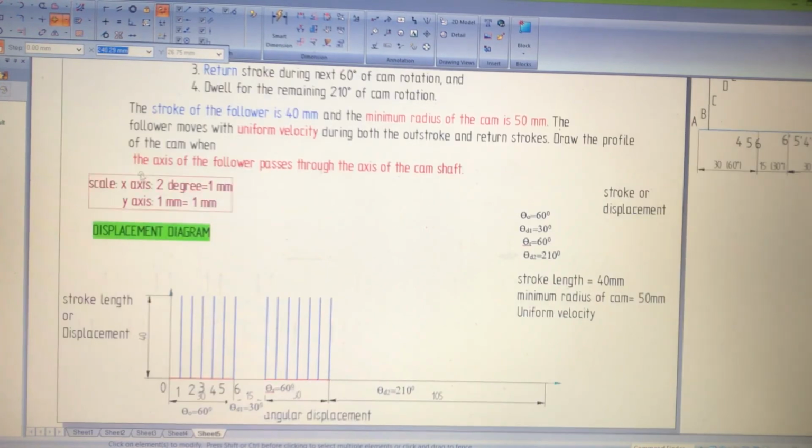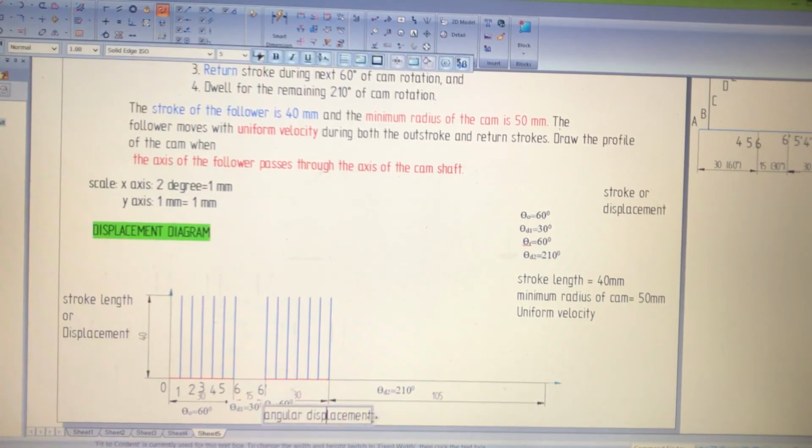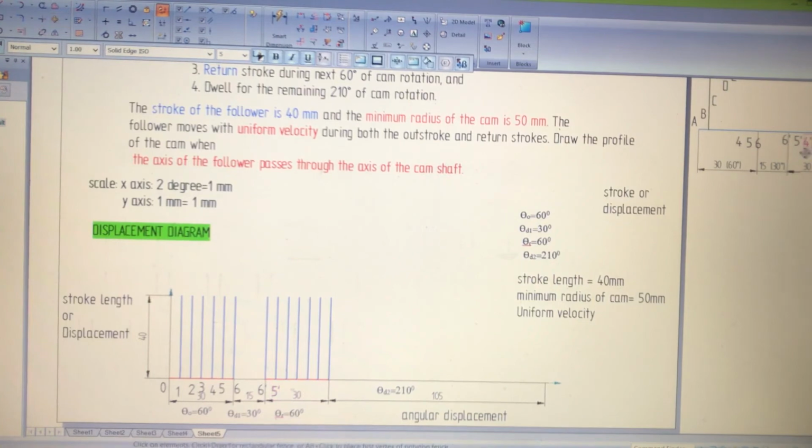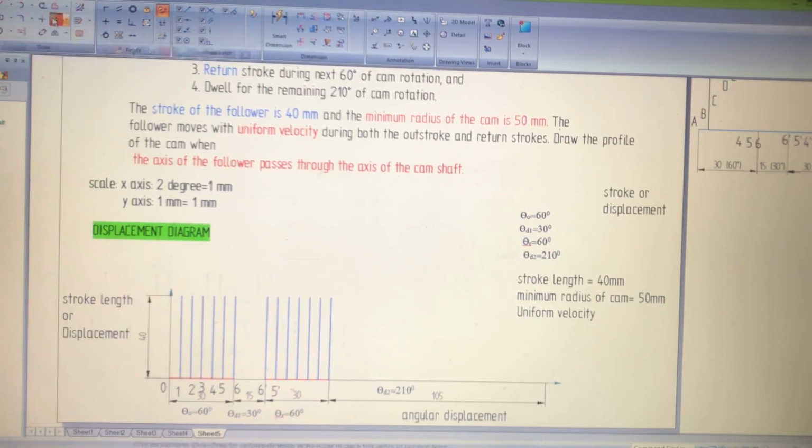Next, for the angle of return, I'm going to name it as 6', 5', in the reverse manner. I'll place it in a proper place. Angular displacement, I'll shift here. Now it is clearly visible, I think. Next 5', 4', 3', 2', 1', and the last one is 0'. You can easily name it with the help of a pencil.